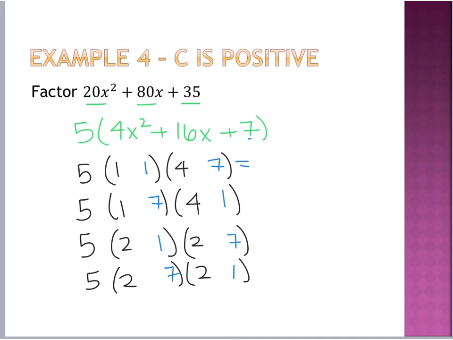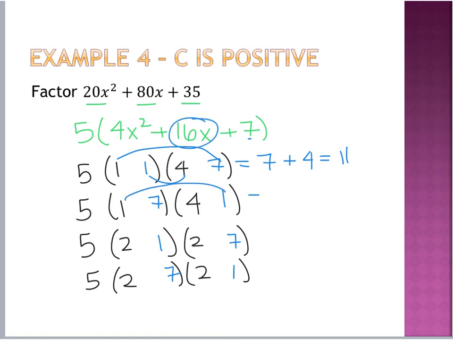Now I ignore this 5 up front for right now, and I'm only working on my binomial factors, or the stuff in the parentheses. So 1 times 7 gives me 7, plus 1 times 4, which gives me 11. And remember, my goal is 16 here.